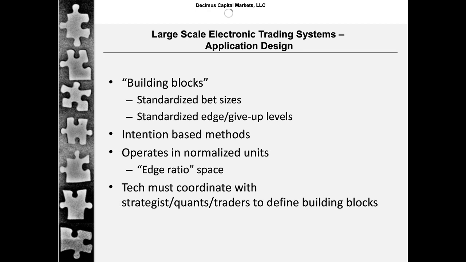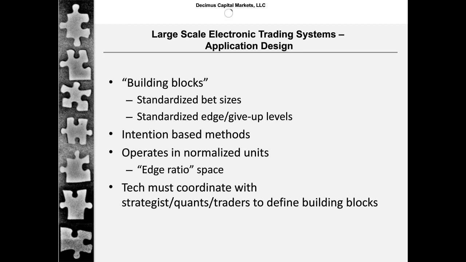We don't have to really get into that, but the concept is I'm willing to trade standard size at standard spread, and a basic heuristic you might throw in there is, if I'm going to get an edge that is equivalent to making 1.5 times my standard spread, well, that means there's more profit in the trades. I should be willing to do more size, and I might be willing to do 2 times the size at 1.5 times standard spread, for example.